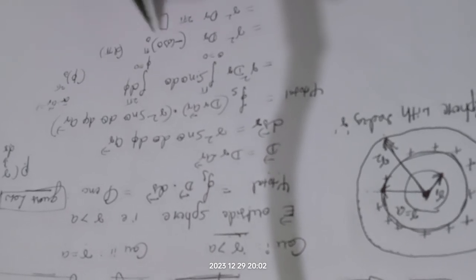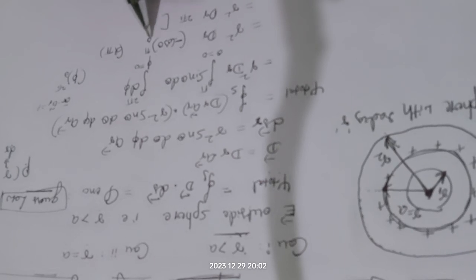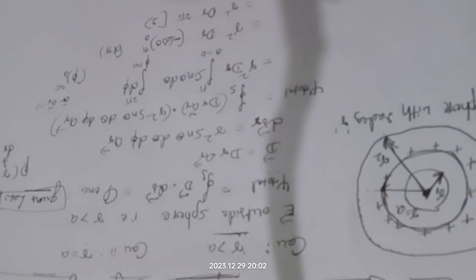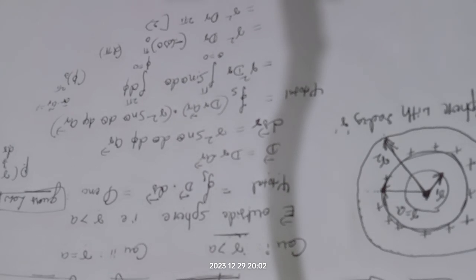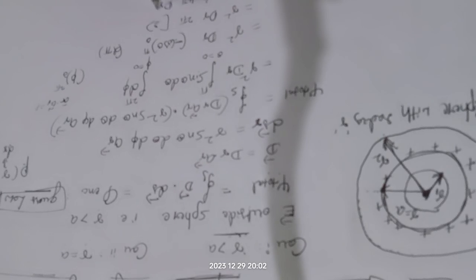Minus of cos pi minus cos 0 is plus 1 plus 1, so it is 2. So the overall psi value is equal to D_r r squared 4 pi.